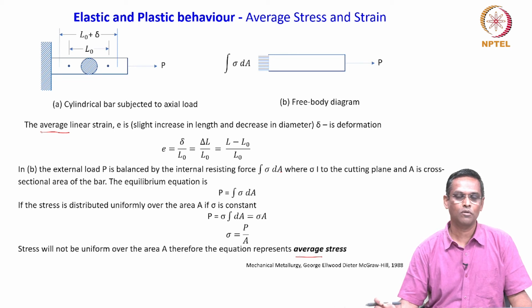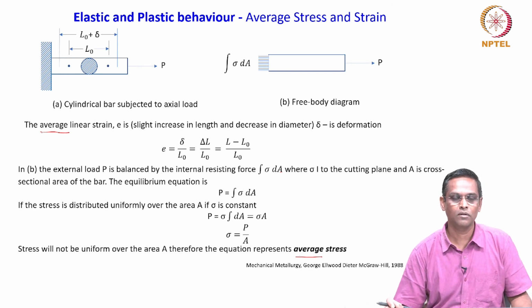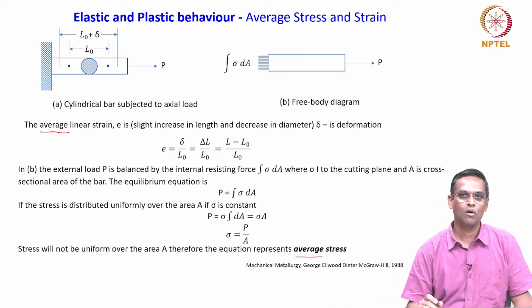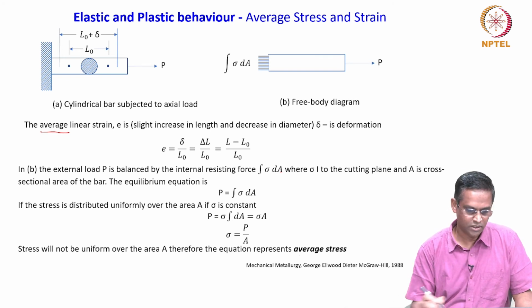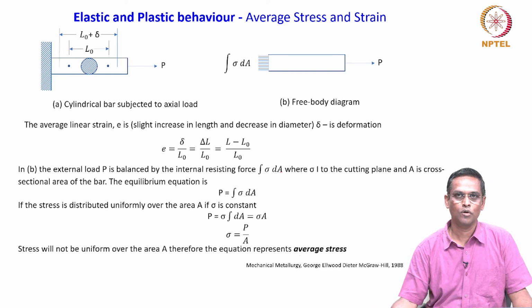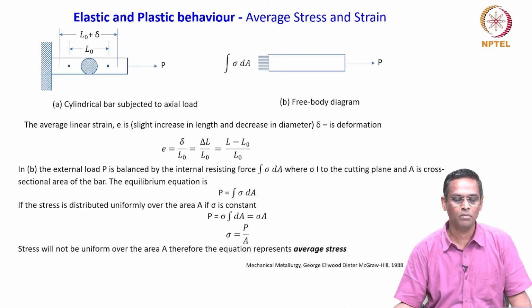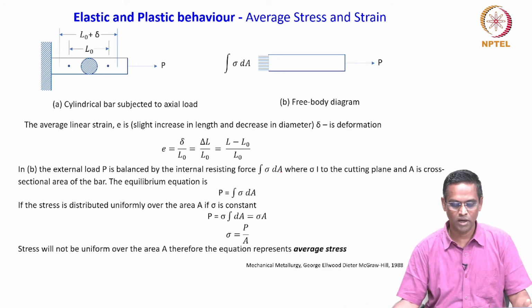There could be some part that will undergo more stress than the other. So, we do not have that clarity there. So, that is why it is called average stress, right. The stress is not going to be uniform all over the body, or even the strain is not going to be uniform. That is why it is called average strain, average stress. So, this we have to keep in mind.